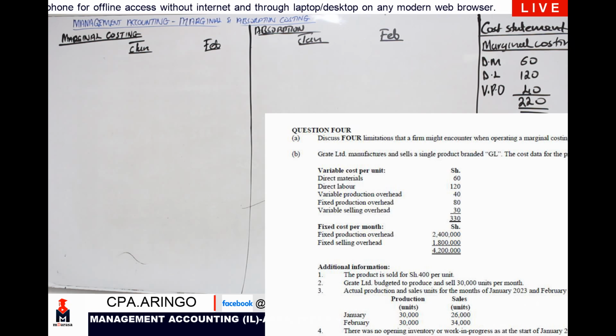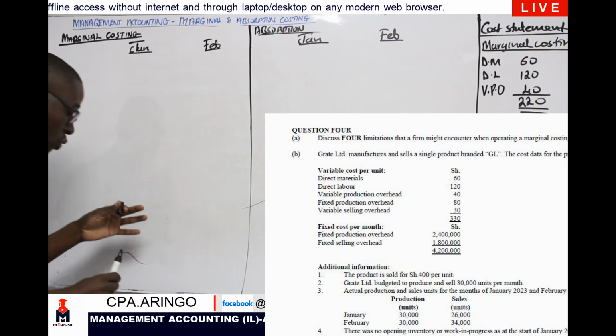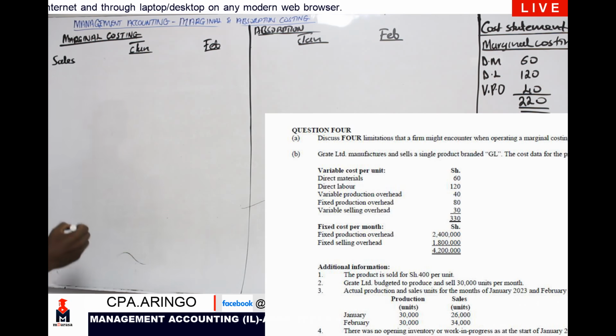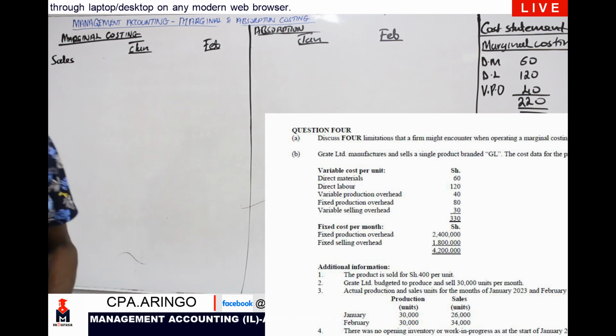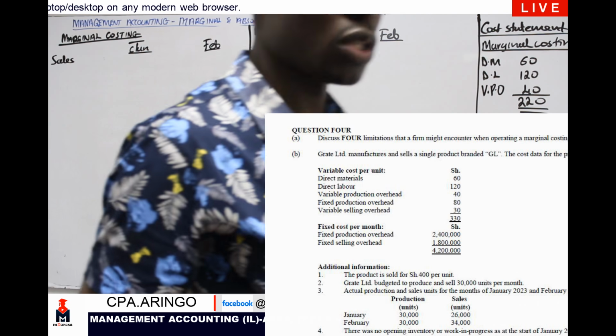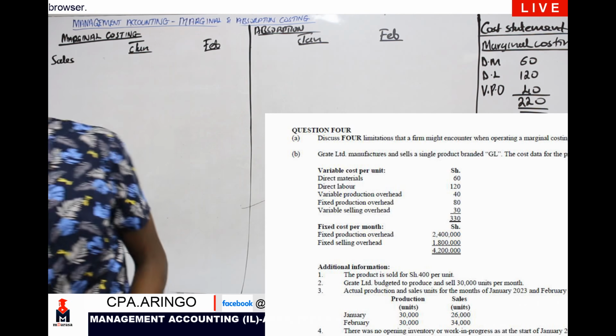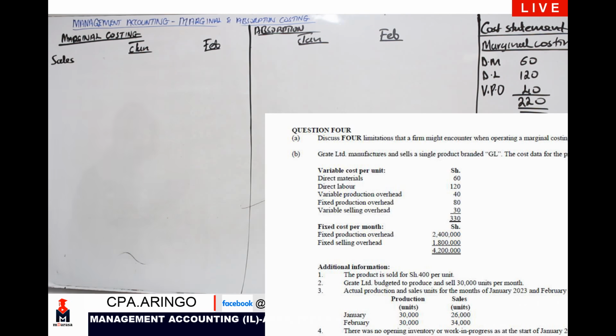Of course, you're going to start with our sales. What are we told in relation to our sales? Look at note number 3. All of us, let us go to note number 3. We are told that sales were 26,000 units. So I'm going to have 26,000 by our selling price, which was in note number 1, 400.